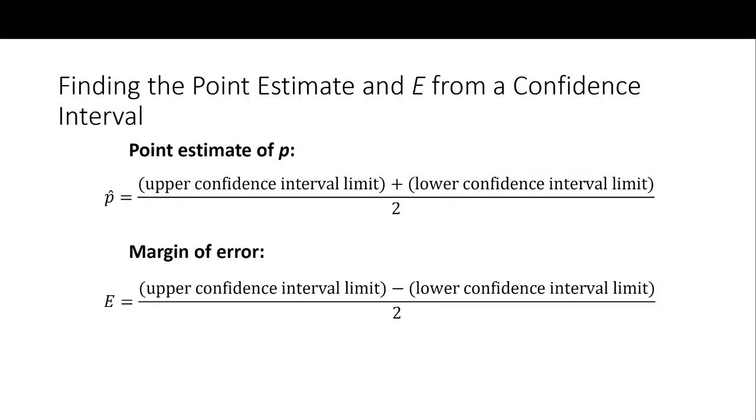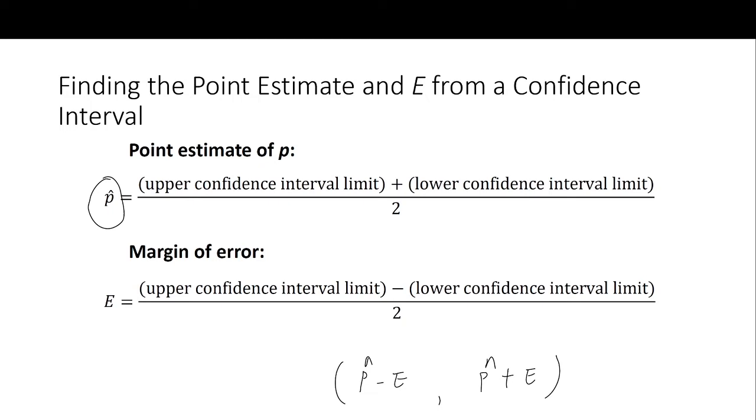And if we are given a confidence interval, using that confidence interval we can find the sample estimator, because we know the confidence interval is p hat minus e to p hat plus e. So if we add these two ranges, we get 2 p hat.